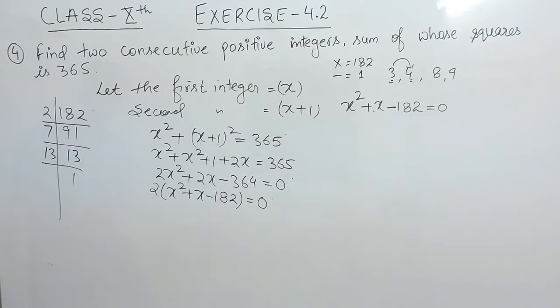So 182 is 2 into 7 into 13, and you have to think of two numbers whose difference is 1. So these two numbers can be taken as 14 and 13. Multiplying these two numbers gives 182 and their difference is 1.